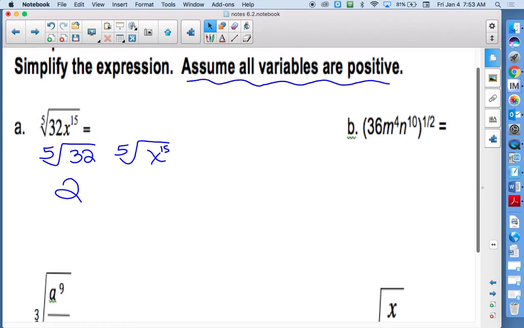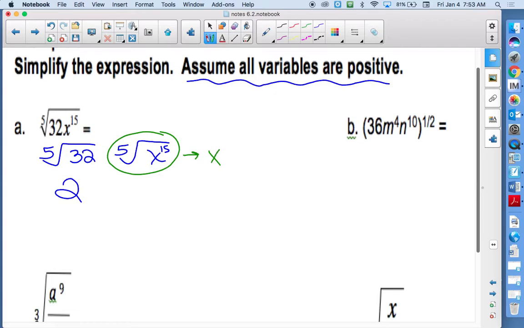Because if we rewrite this, so right now it's a radical, but if we write it as a fraction, this really means x to the 15 divided by 5. So when you have a radical, the number outside is the denominator, writing it as a fraction. The number with the exponent is the numerator. So you're really taking those exponents and dividing them.